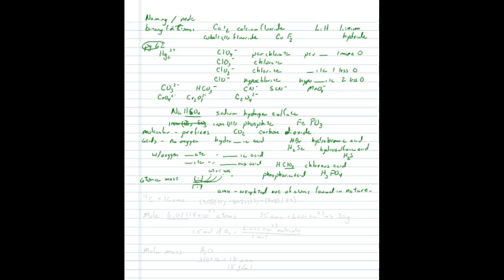By definition, we set carbon 12 as equal to 12 AMU. We don't use hydrogen 1 as 1 AMU because it's so light. Carbon 12 is heavier, so you can mess with it and deal with it. If you want to find out what the average is, say this was 35, so it's 10% of 35.